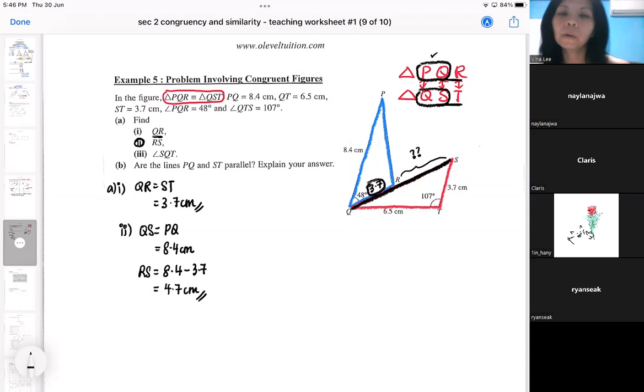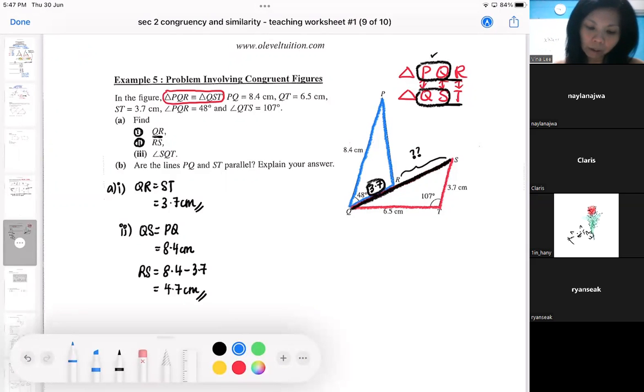Even though it's a bit more indirect, I think that's still manageable. I'm still within the congruency statement. The first two parts deal with the matching of the length. I think that's quite easy. We try matching the length. Usually I encounter students not able to do it when they match wrongly or they see wrongly.